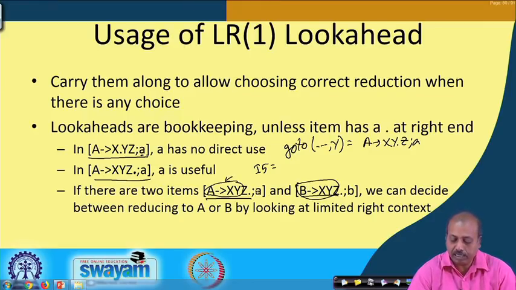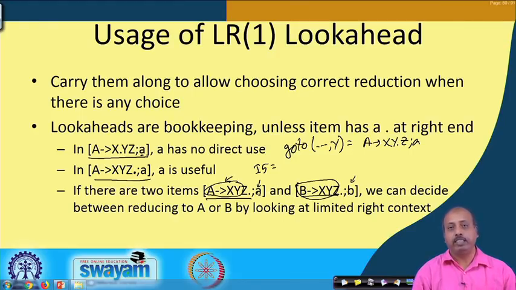Now, what this A and B is going to do is that it is trying to modify the context. It will see whether the next input symbol is A or not, and this will see if the next input symbol is B or not. That is the look ahead token. If the look ahead token is A, then only this reduction will be done. If the look ahead token is B, then this reduction will be done, and since these two tokens are different, we can definitely take a decision.